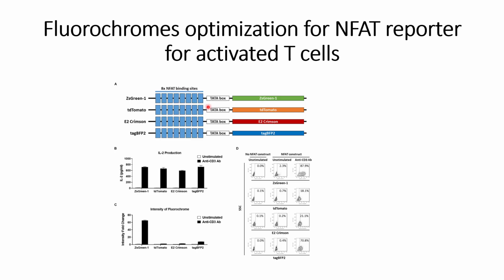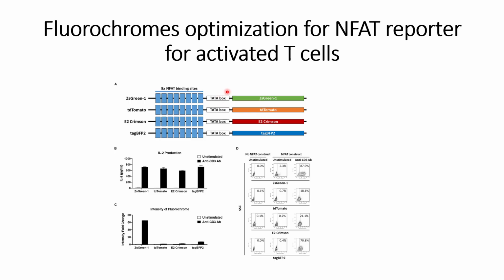First, they optimized the promoter that can be used just before the reporter protein sequence, that is the TATA box, and compared it with the minimal CMV. Next they checked the signals at different numbers of NFAT binding sites: 4, 6, and 8. They found that 8 NFAT binding sites give us the optimum signals.